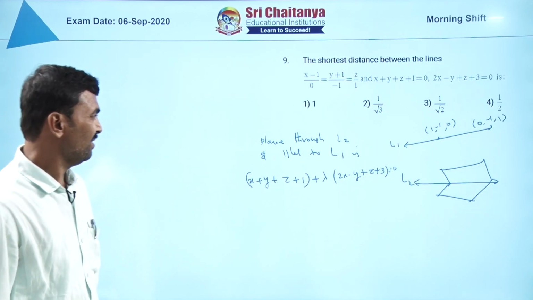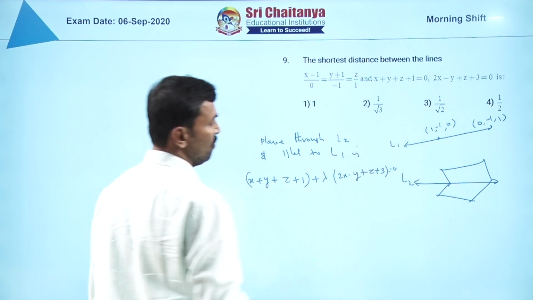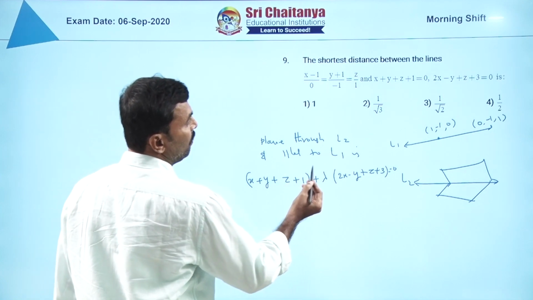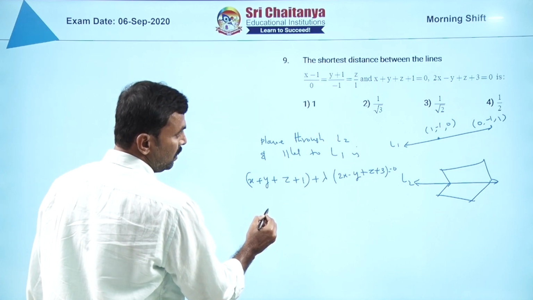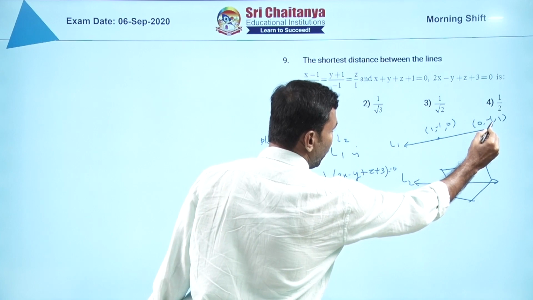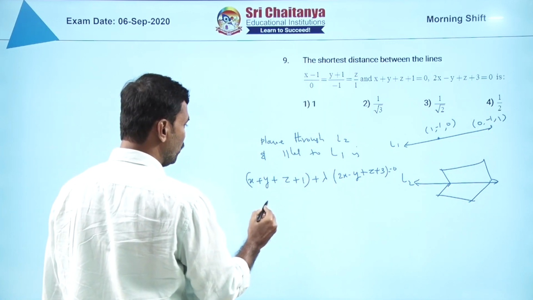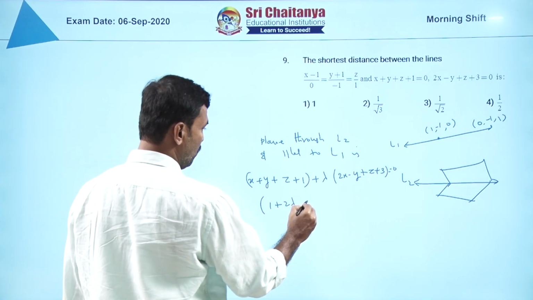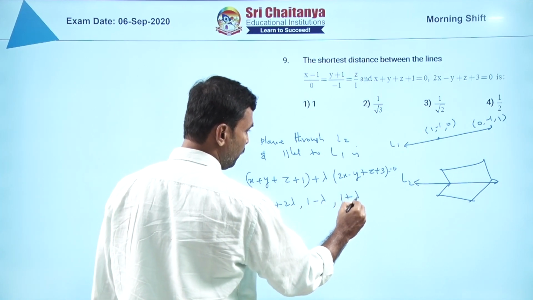This will be the plane which contains the second line and is parallel to the first line. Then the DRs of this line are 0, minus 1, 1 and the DRs of the normal to this plane are 1 plus 2 lambda, 1 minus lambda, 1 plus lambda.